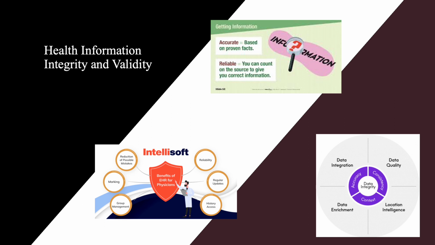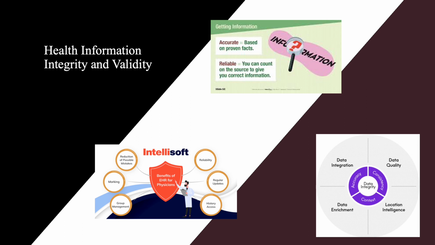Data integrity is the accuracy, consistency, and context, which is important for patient health information. Health information integrity is making sure that the health information is accurate, complete, and reliable throughout its life cycle.